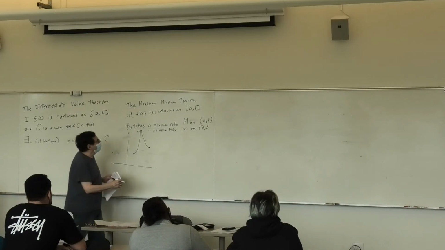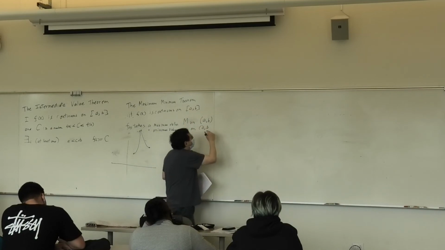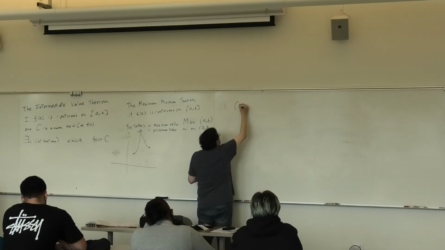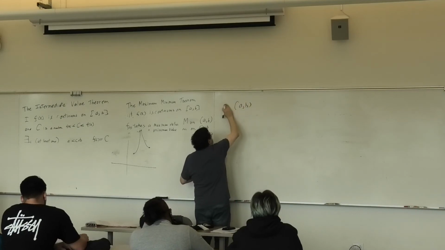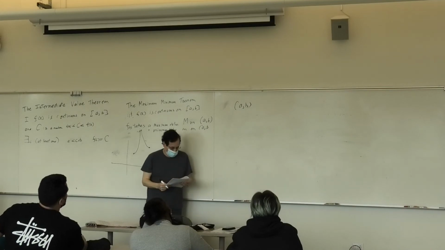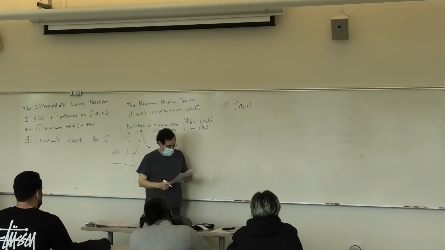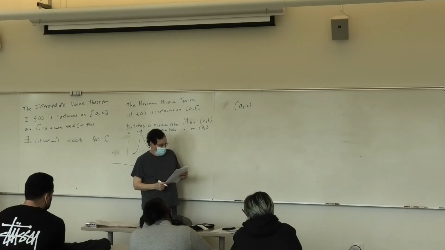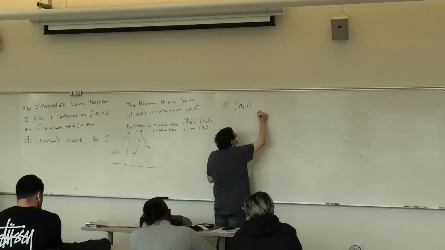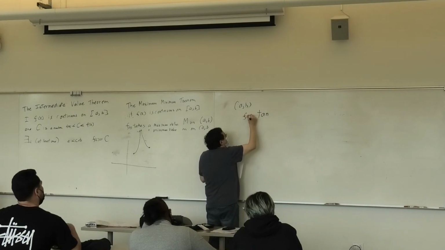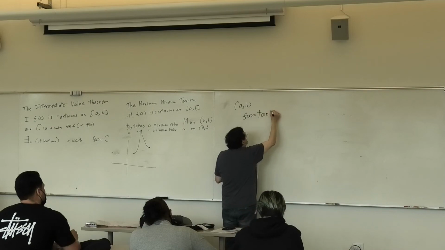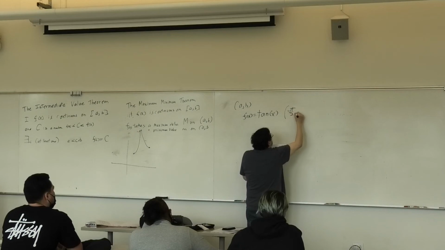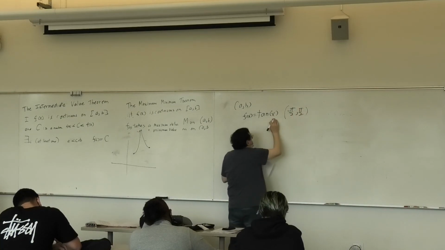Now, what happens if we don't have a closed interval? And we just have some open interval a, b. What can happen? What can go wrong? So, consider the function tan of x on the interval minus pi over 2, pi over 2. So it's a continuous function.